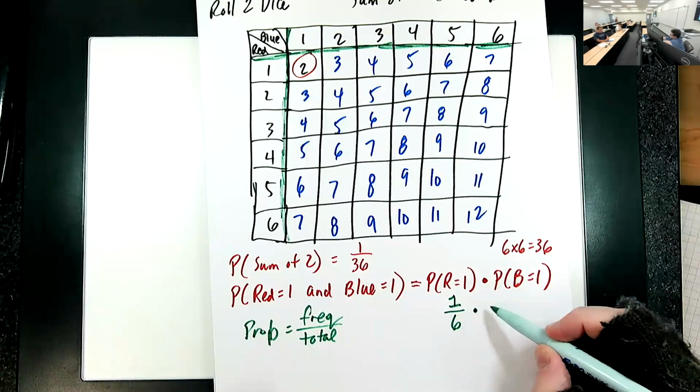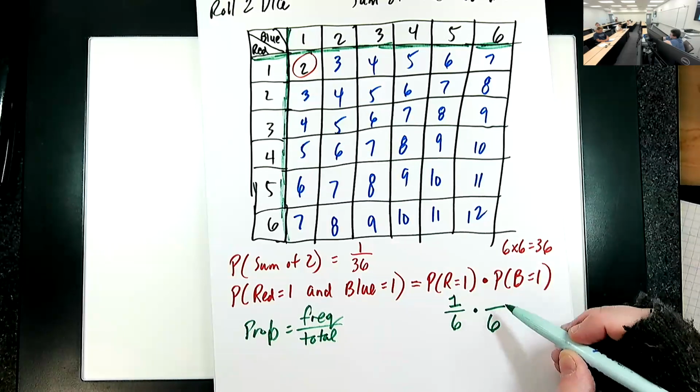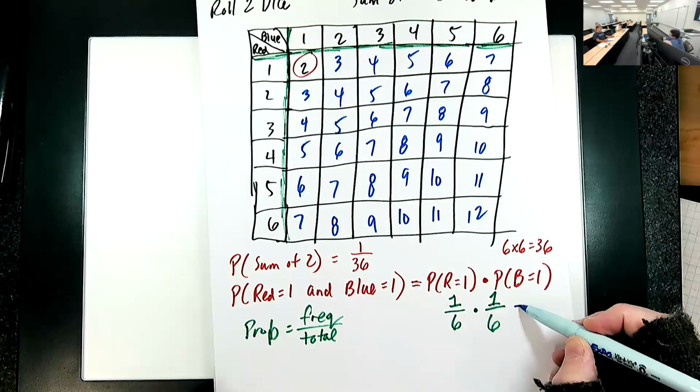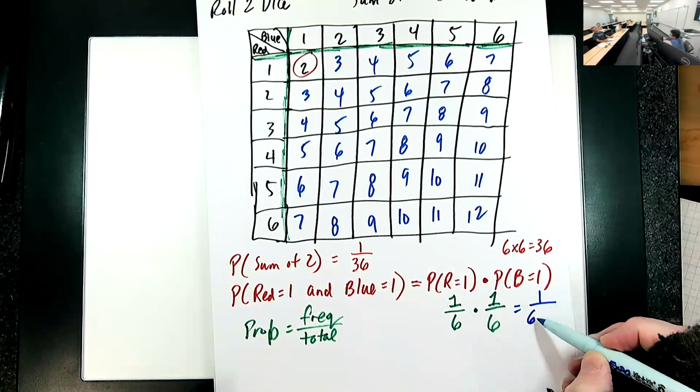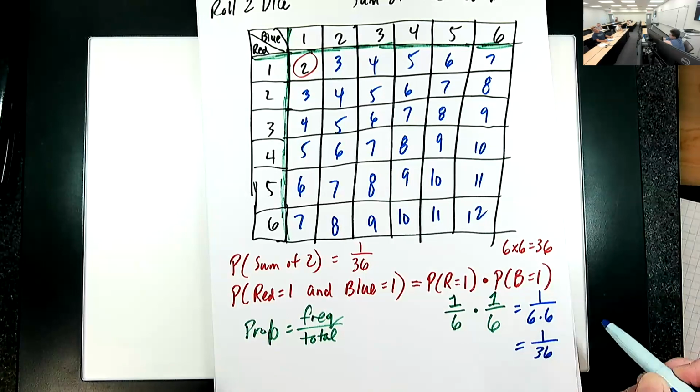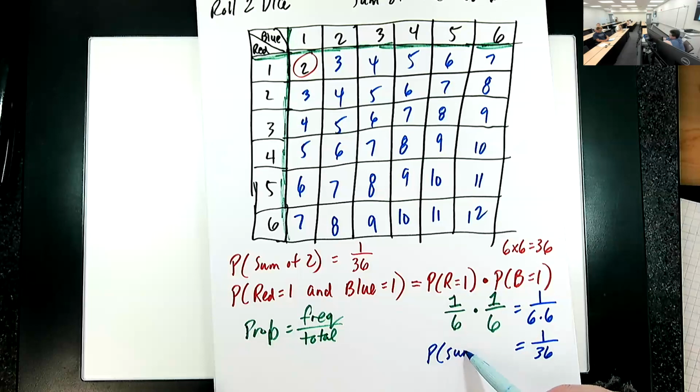The same thing is true for the blue die. There are 6 possible outcomes and only one of them is a 1. We do 1 over 6 times 1 over 6, which is 1 over 36, which is what we got up above, the sum of 2.